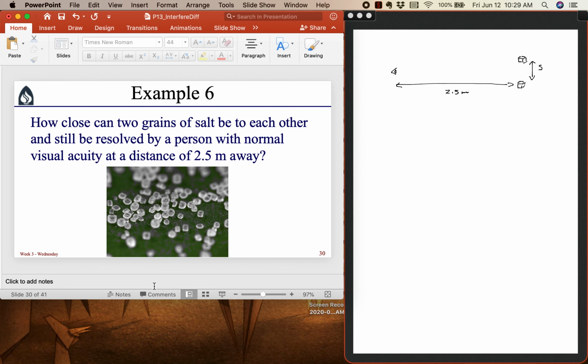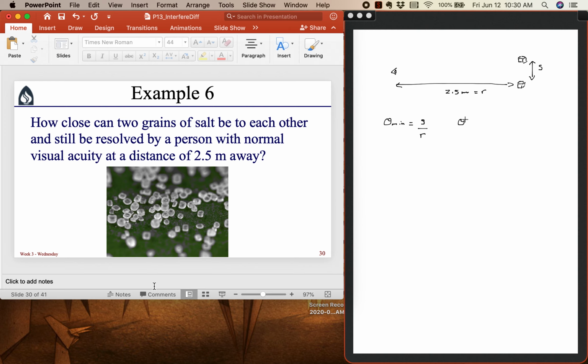Well, we know that the minimum angle is equal to the separation distance divided by r, where r is the distance to the object, so this 2.5 meters is our r. And we also know what this minimum angle typically is.